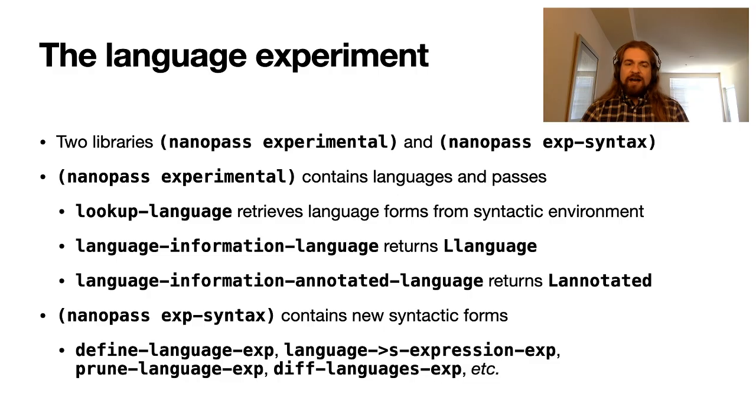And here I followed a naming convention that is pretty simple. I've added -exp to the names of all of the language-related syntactic forms. So instead of defined language, we have defined language exp. Instead of language arrow s expression, we have language arrow s expression exp. Prune language becomes prune language exp, and so on. And I've done that for all of the language forms.